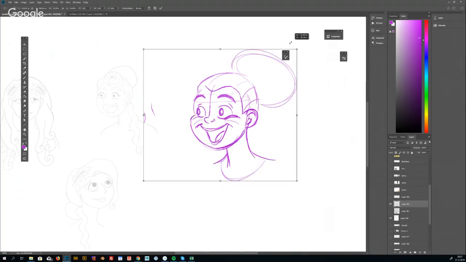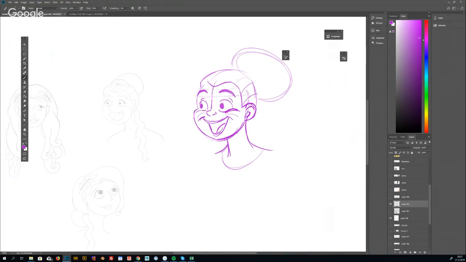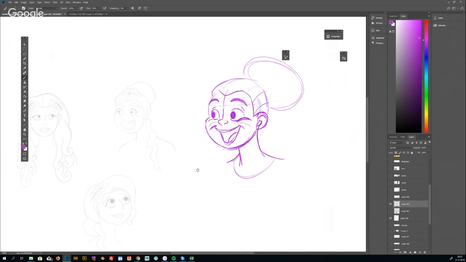And maybe eyes. Let's look at the eyes. That's always, if you have this much white space around the eyes, they can look a bit too extreme.